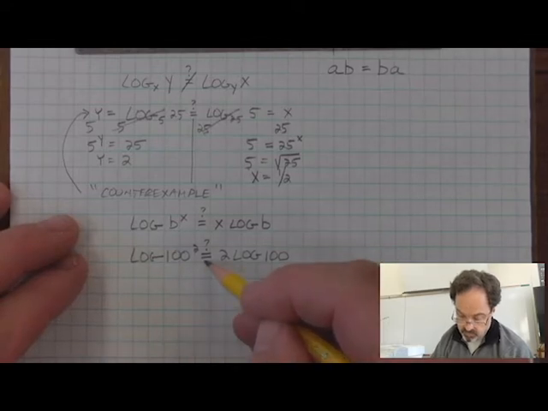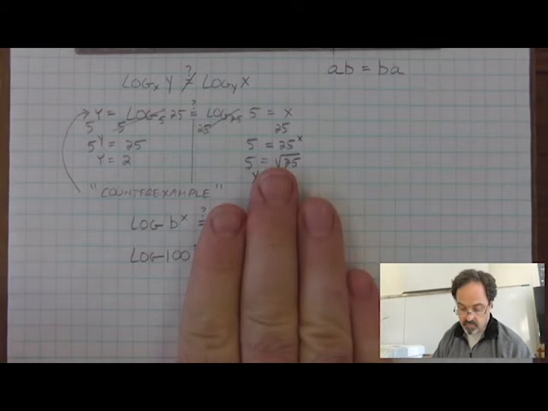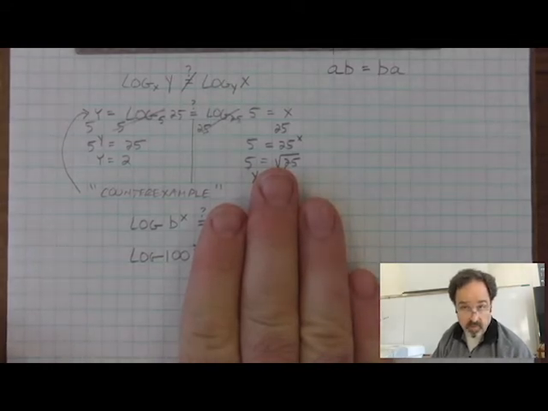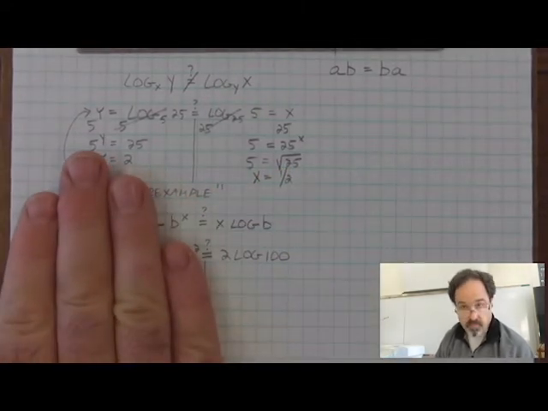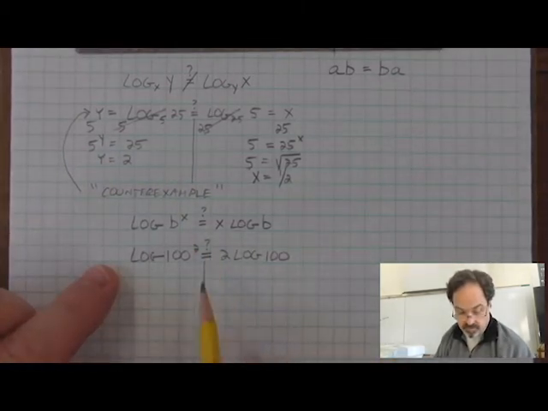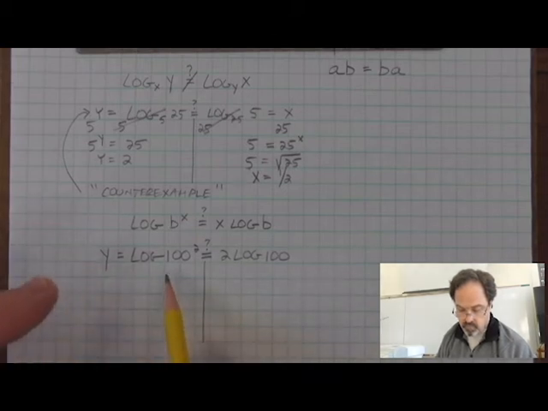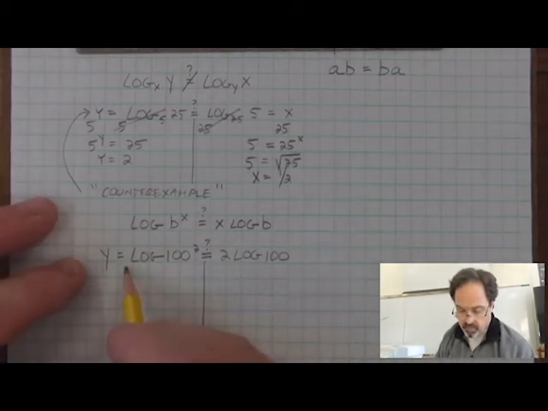The strategy of seeing whether this is going to work, just like before, is to evaluate one side and then evaluate the other and compare. So to evaluate this left side, I'm going to make it equal to a variable. It helps me to think by turning it into exponential form.